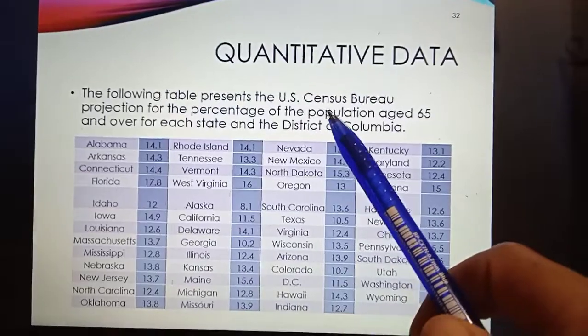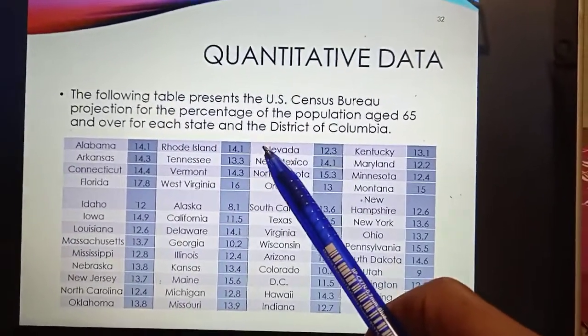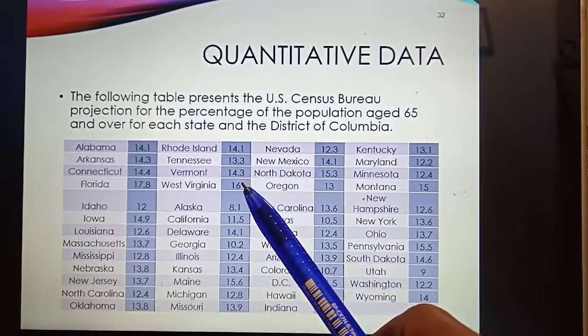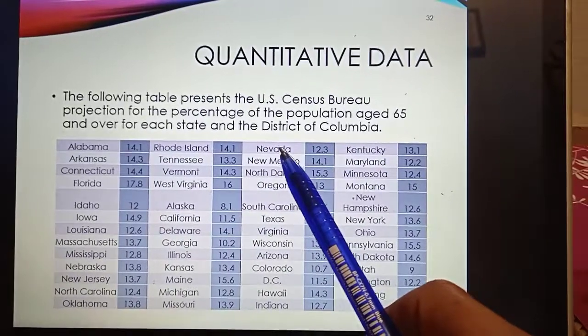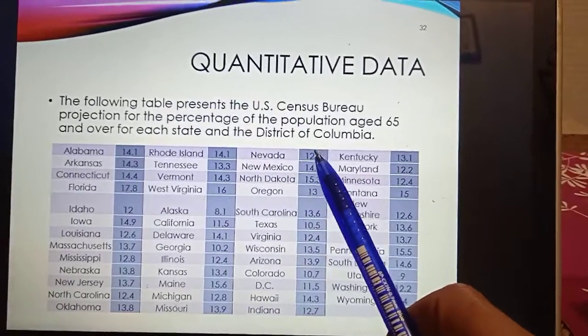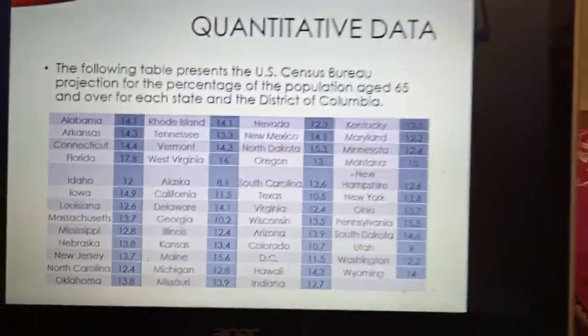Another example of quantitative data using time series is the data given in the table below, which presents the US Census Bureau projection for the percentage of the population aged 65 and over for each state and the District of Columbia.